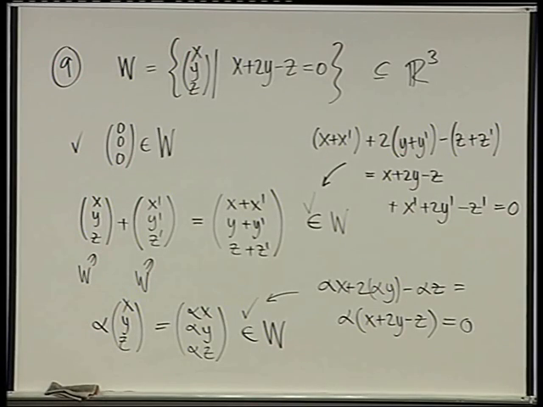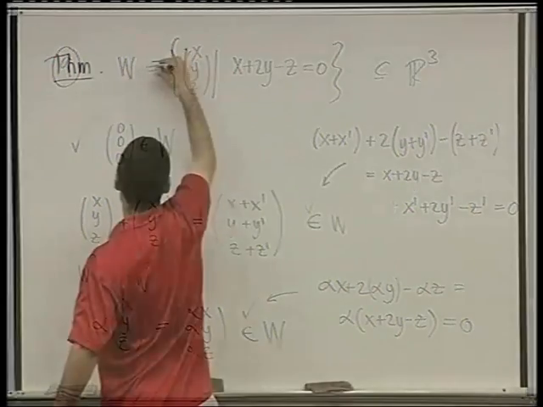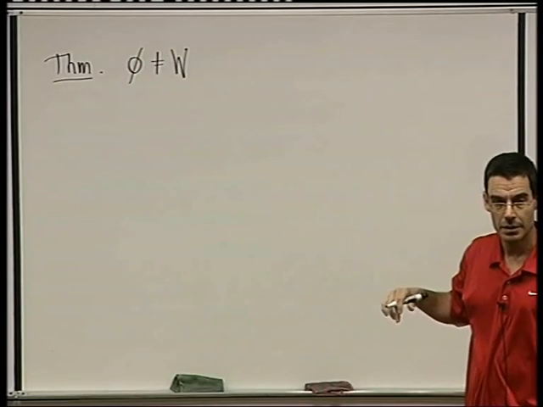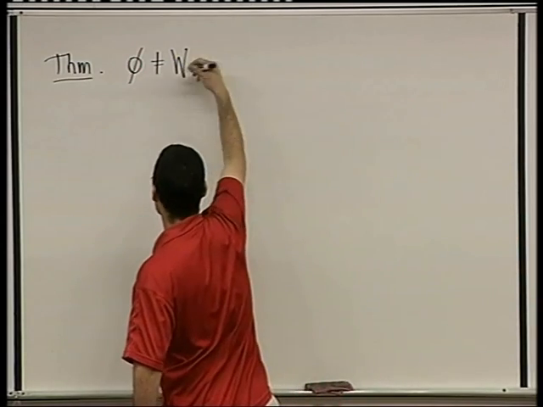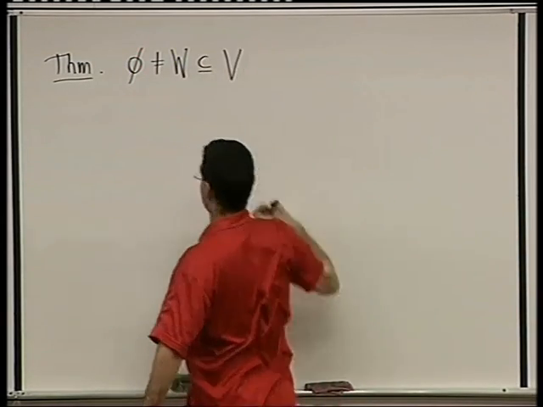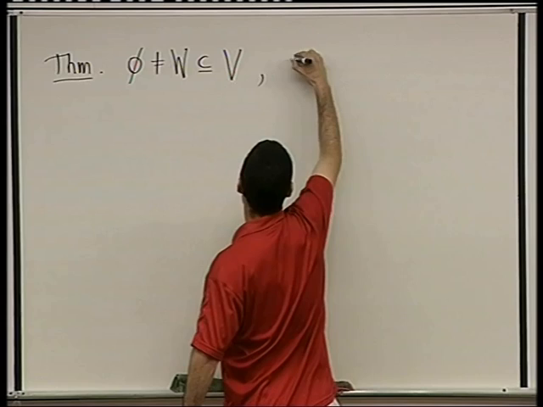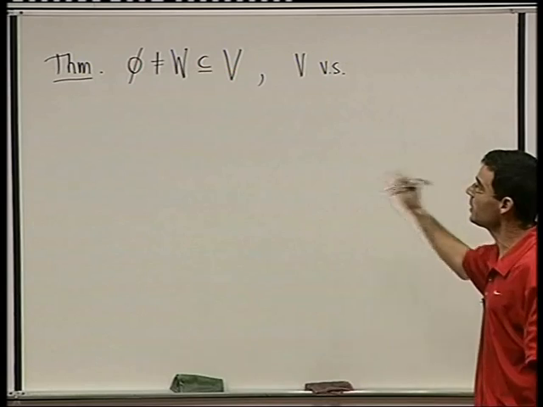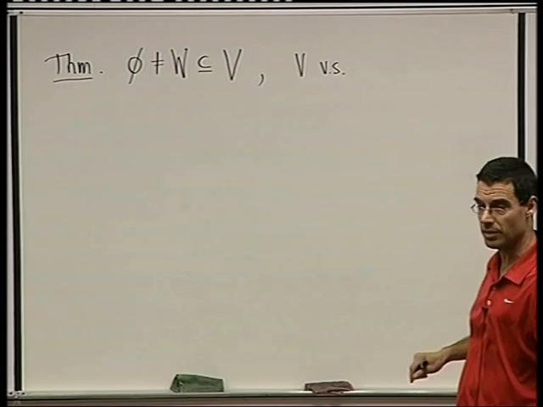Let's write that. So theorem. If W is not empty; if it's empty, it doesn't have the 0, so it can't be a subspace. So if you take a non-empty subset W of V, where V is a vector space, okay, V is a vector space, W is a non-empty subset of V. Can you read through the notations and abbreviations?